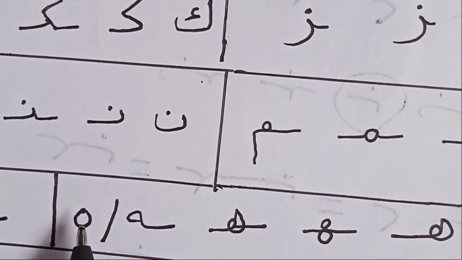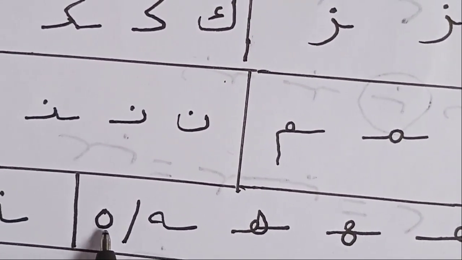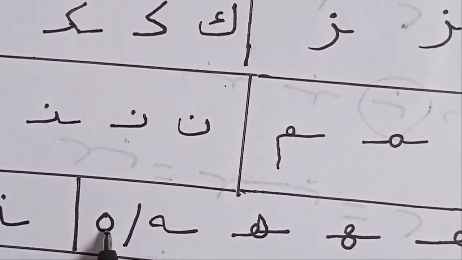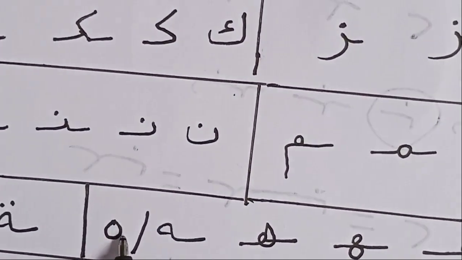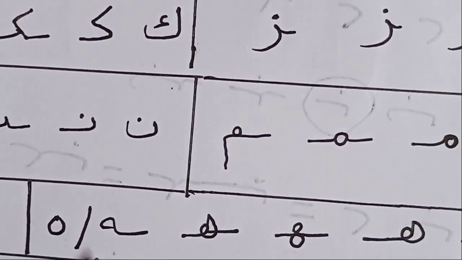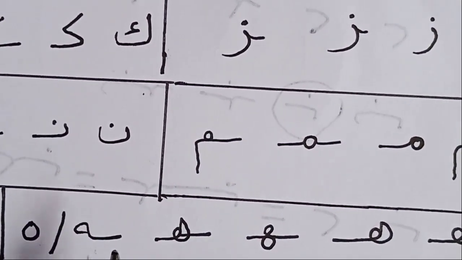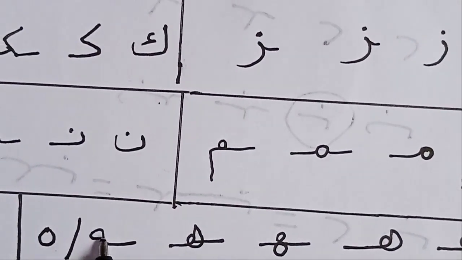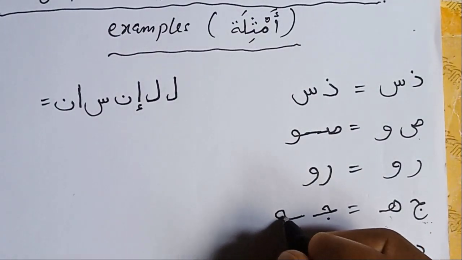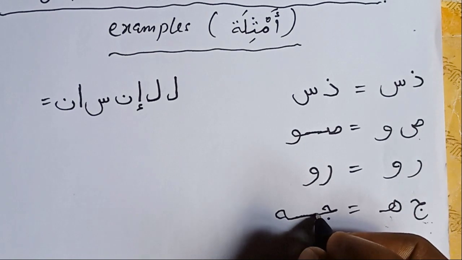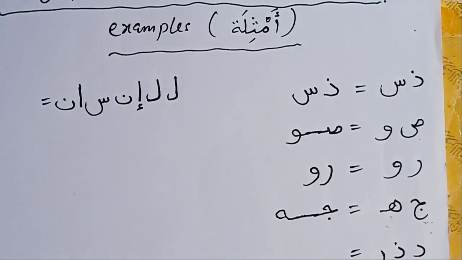This also is a shape of Ha appearing at the end when the letter preceding it is not going to be joined with it. Because this will be joined with the Jim, we choose this very one. So we then have Ha, then we attach it together, and that's all.